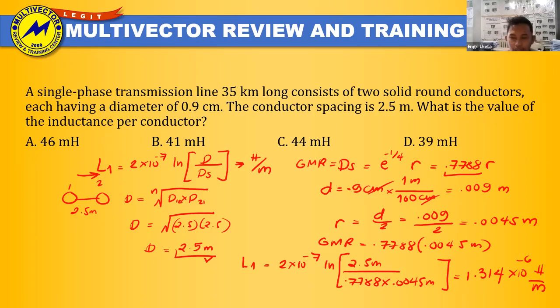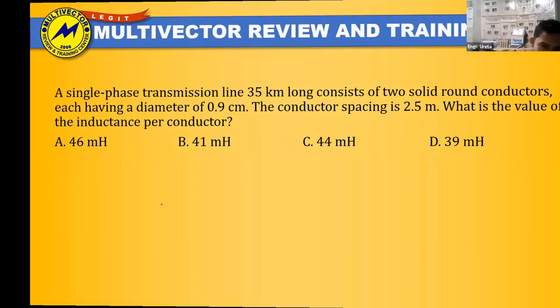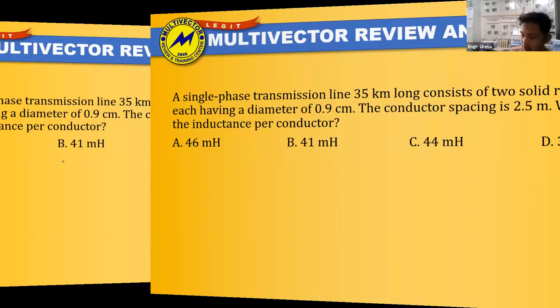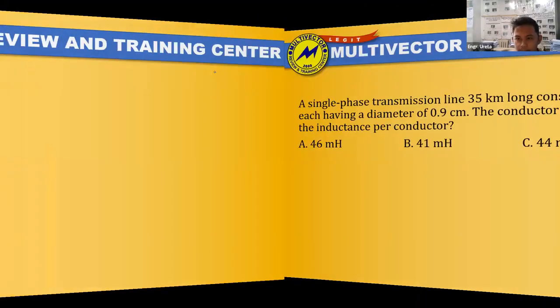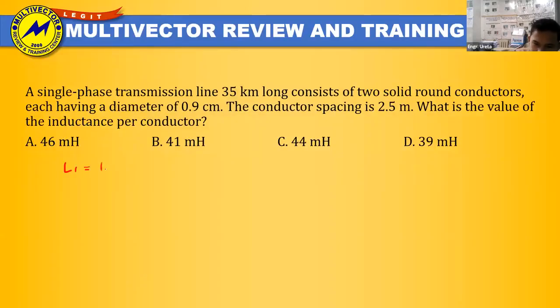Okay, so naka per unit length pa siya, no? So, copy lang natin yan. Our L1 is just equals to 1.314 times 10 raised to negative 6 Henry per meter.